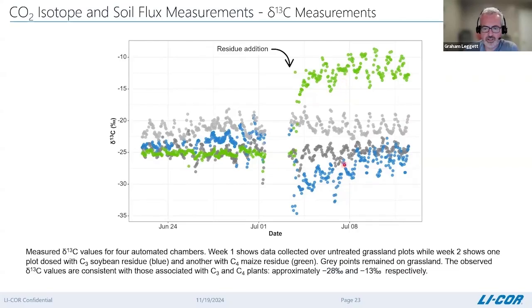Those values correlate very well with, and are consistent with, those associated with C3 and C4 plants. So approximately -28 for the blue, which is the soybean residue, and approximately -13 for the C4 maize residue.